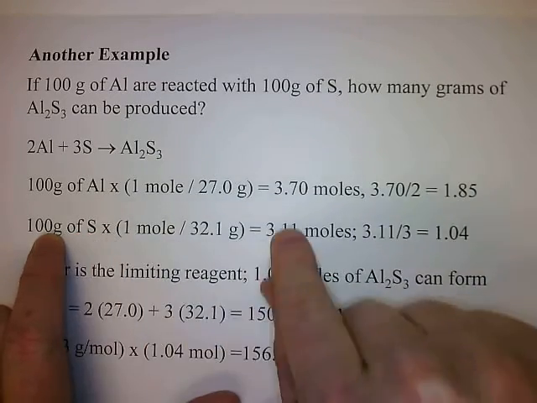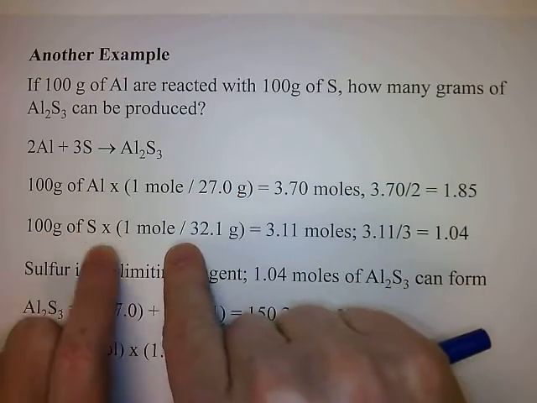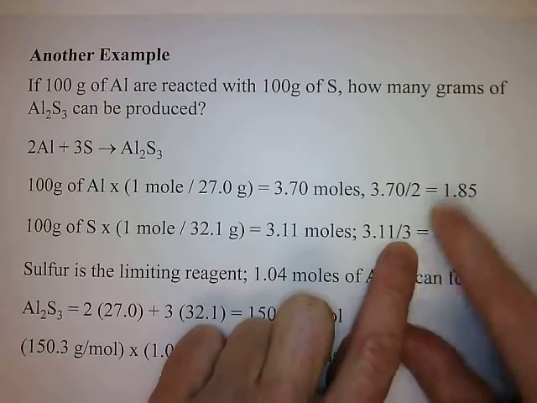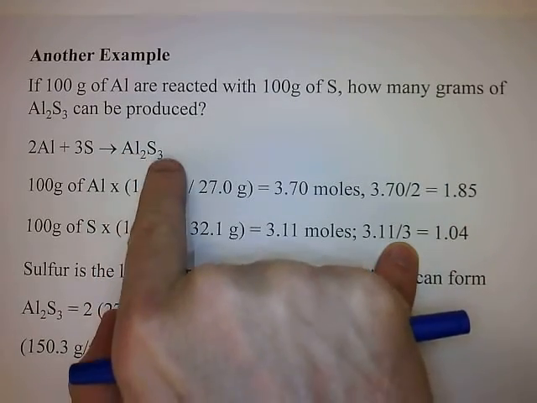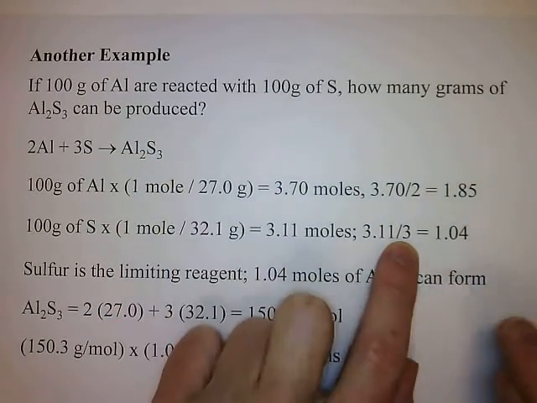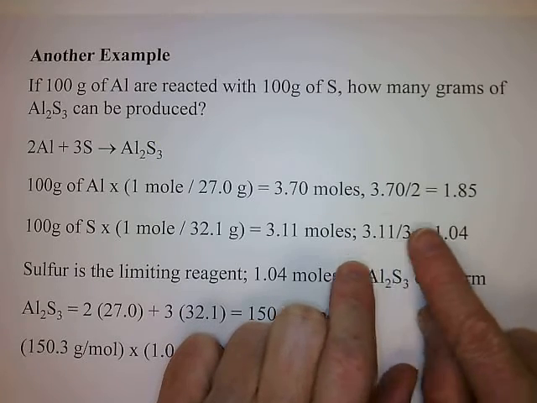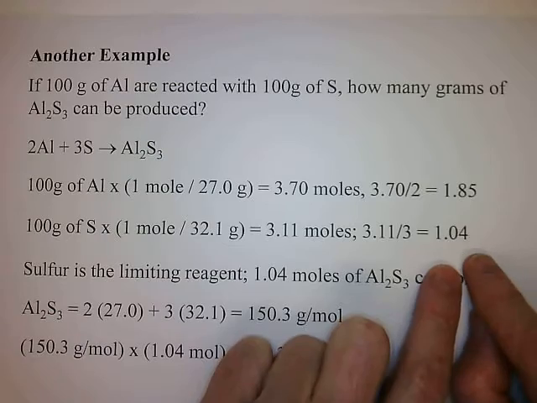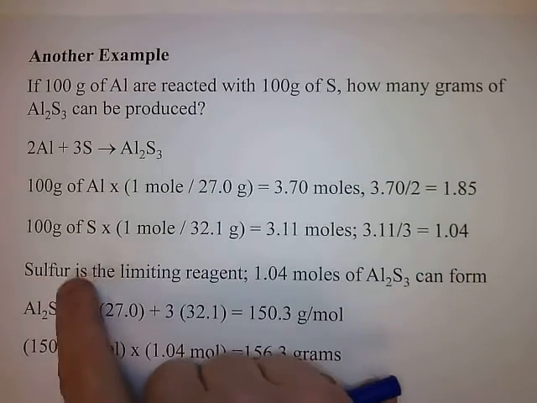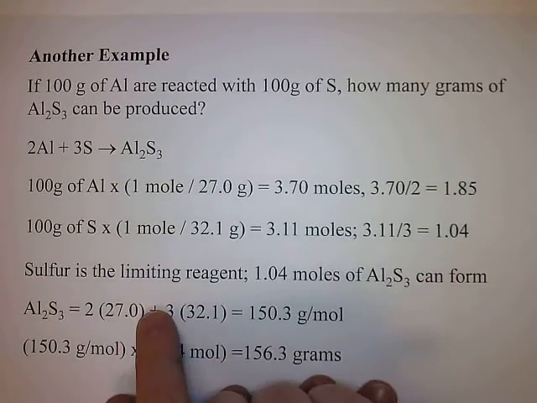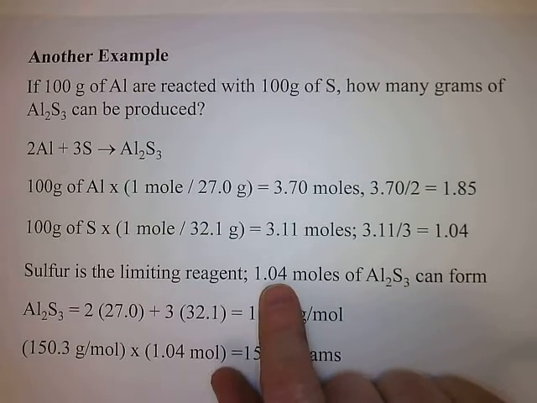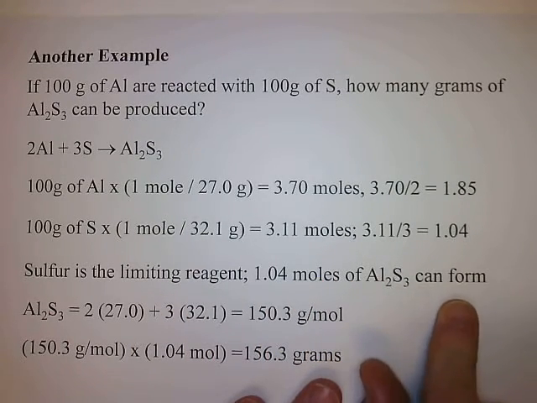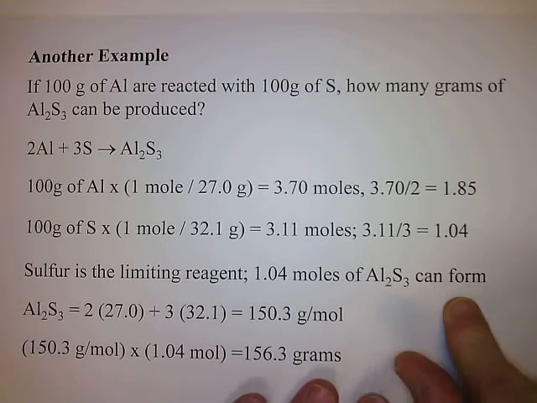You divide the 100 grams by the molar mass of sulfur, that's 3.11 moles, but then you have to divide that by the balancing coefficient, 3.11 over 3, that's 1.04. So now you see that the sulfur is the limiting reagent. Only 1.04 moles of aluminum sulfide can form.